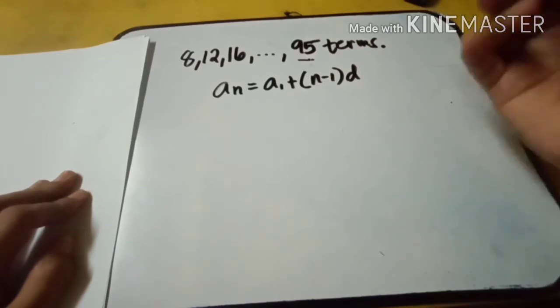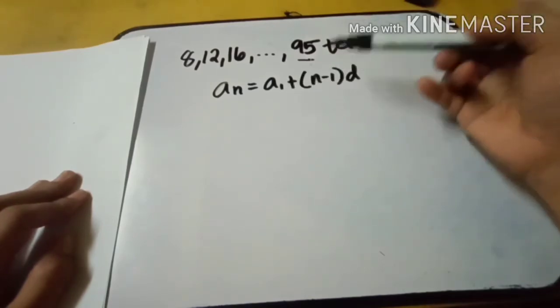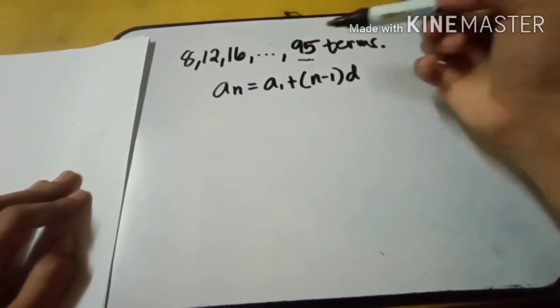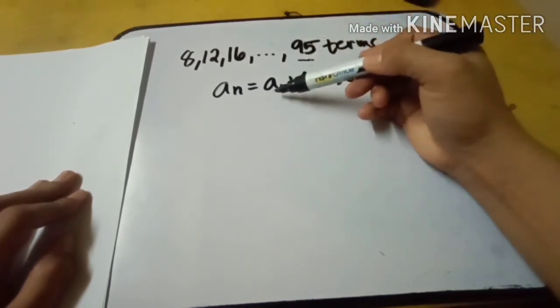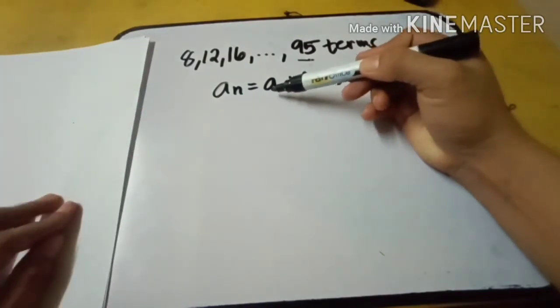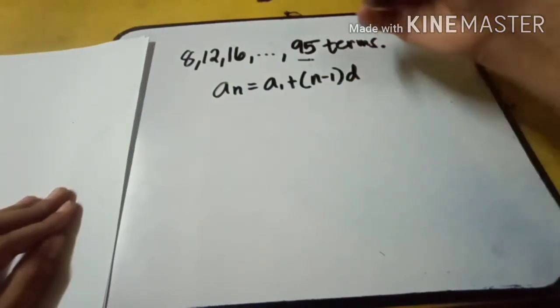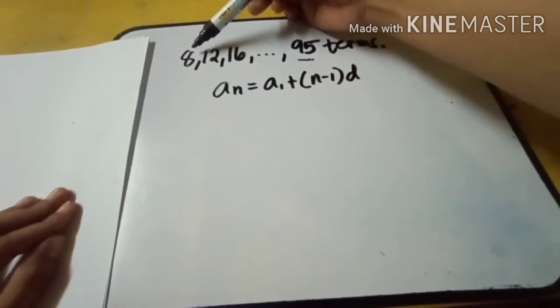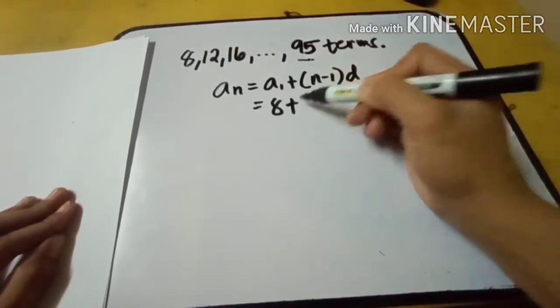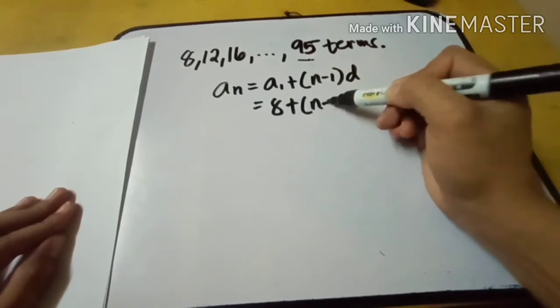So, in order to find the formula, again, we have to find first the value of d as well as the first term. But by using this given sequence, we automatically have the value of the first term, which is 8, because 8 is our first term. So we can substitute here 8 plus, copying this one, n minus 1.